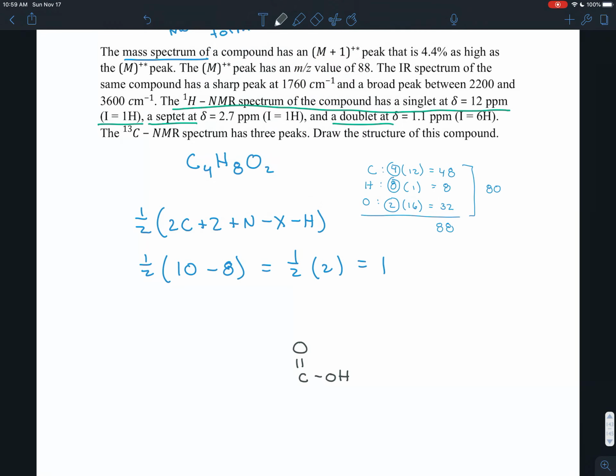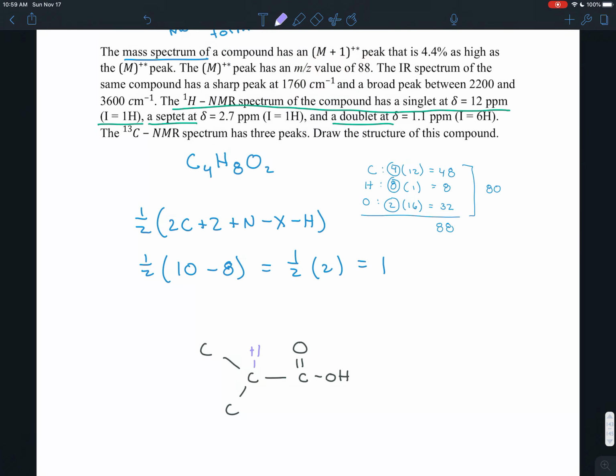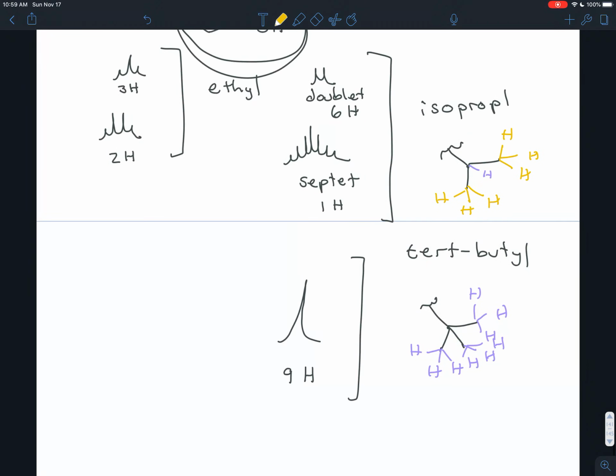That's the sign for an isopropyl group. So we'd have a carbon with 2 carbons. This is the isopropyl group that we discussed in the previous exercise. This one here, where you have a septet and a doublet.